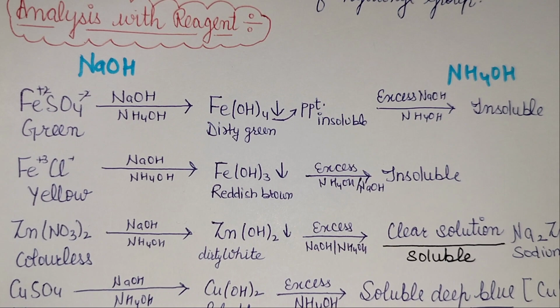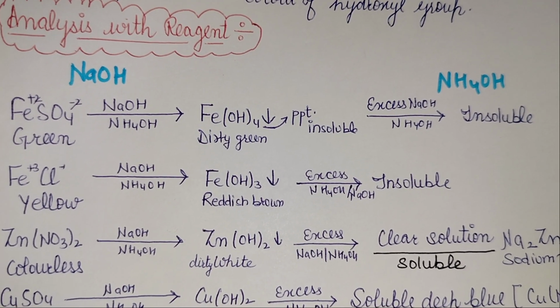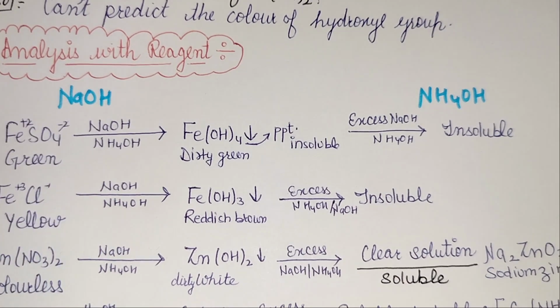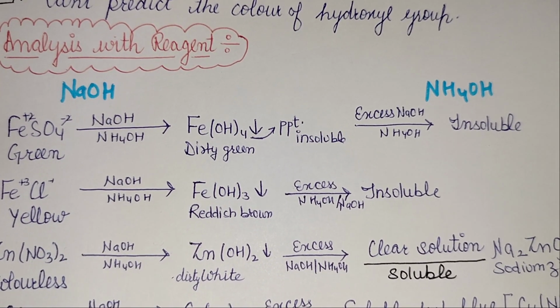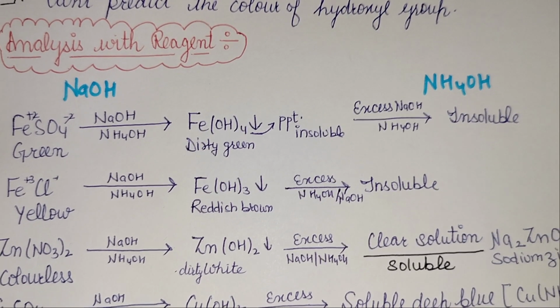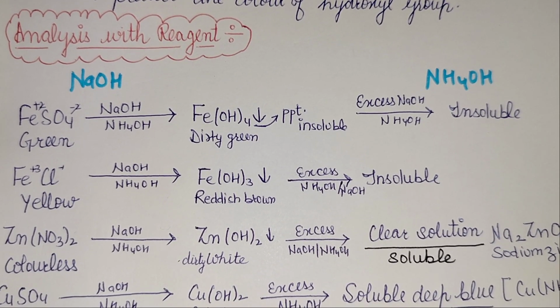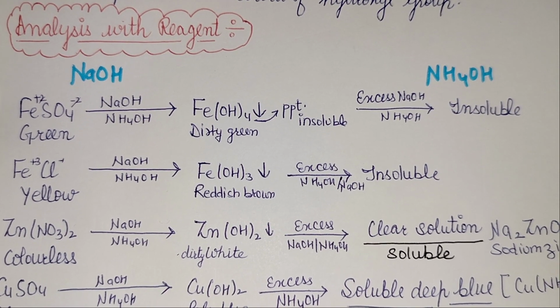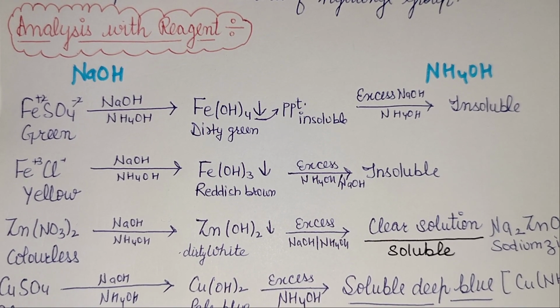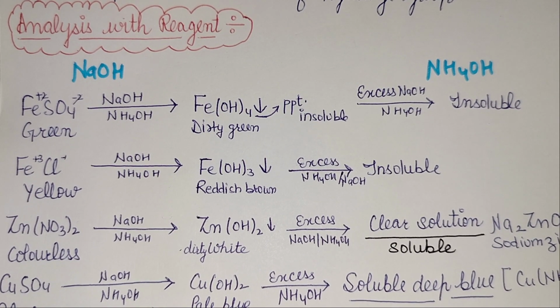Whenever we react it with NaOH or NH4OH, it gives a dirty green precipitate, which is insoluble in water. And whenever we use excess NaOH and NH4OH, it remains insoluble.